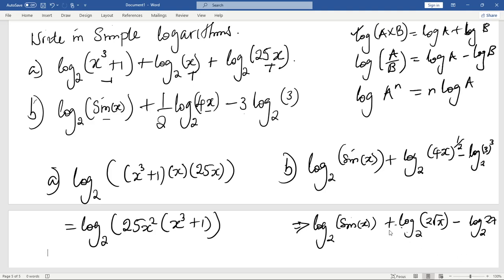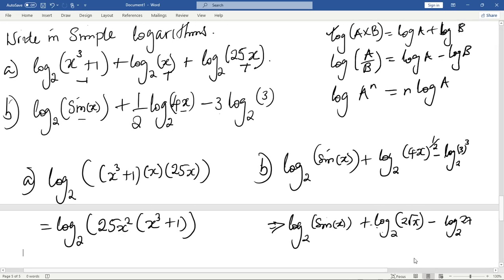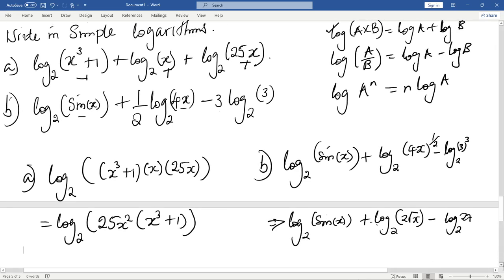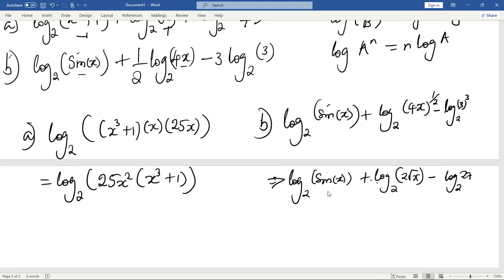Now, since between these two log functions we have addition, what we simply do is multiply the functions inside the logs. So we have log base 2 of sine x multiplied by 2 root x, we close, minus log base 2 of 27.